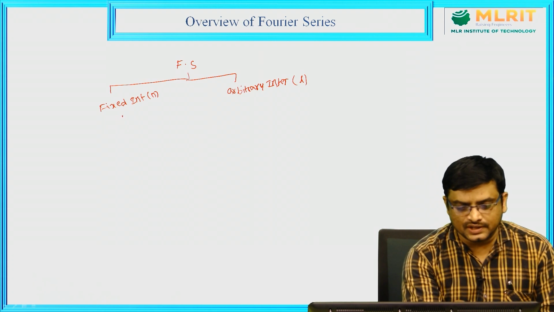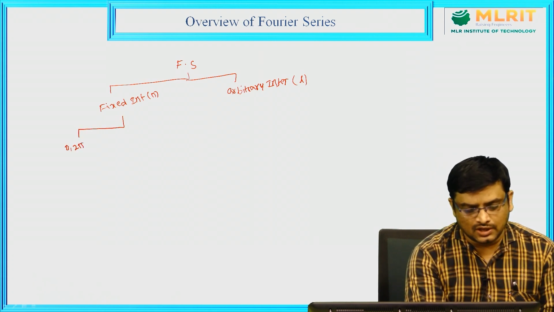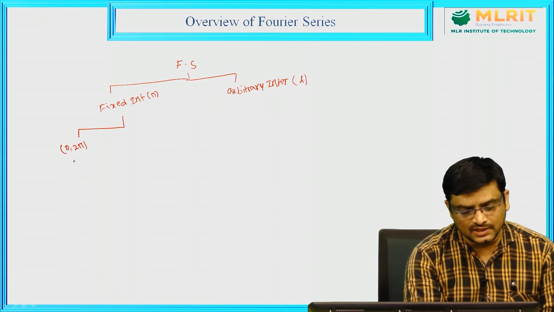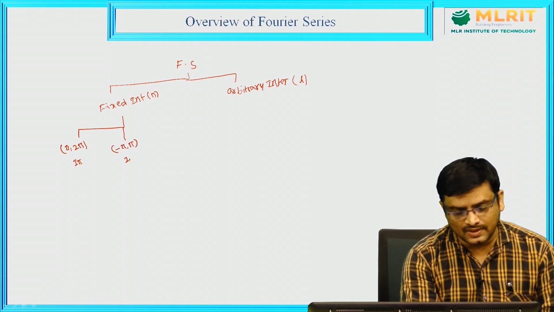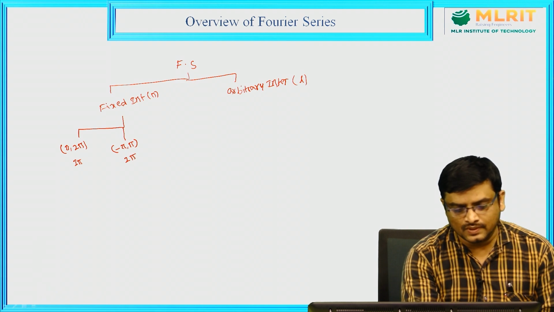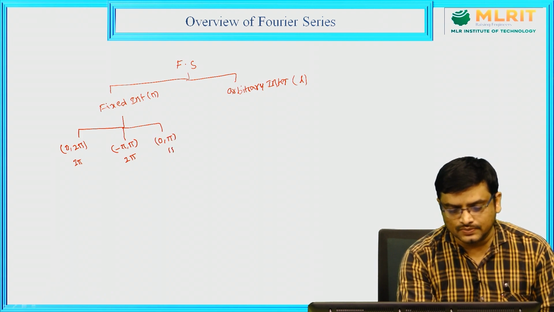In the fixed interval we take the interval 0, 2 pi, and the length of this interval is 2 pi. The next one is minus pi, pi, and the length of this interval is also 2 pi. And the last one is 0, pi, and the length of this interval is pi.